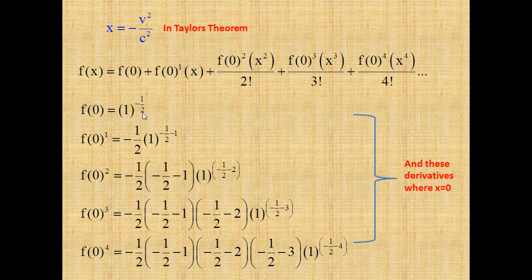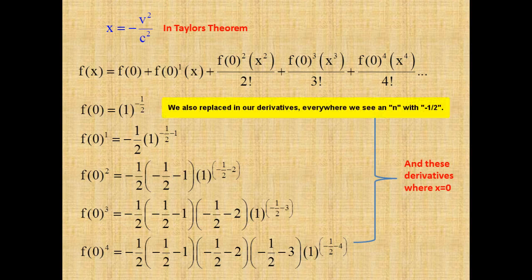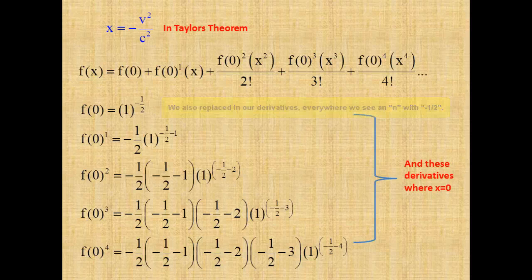Well, if x is 0, that's a raised to the power of minus 1/2. In our first derivative, we replace x equals 0, and we get a raised to the power of minus 1/2 minus 1. And we just multiply these out and replace these derivatives where x equals 0.